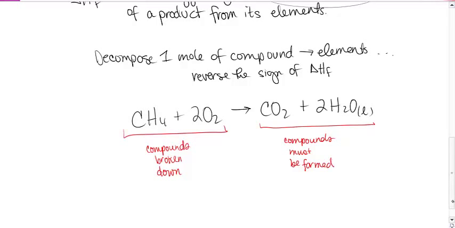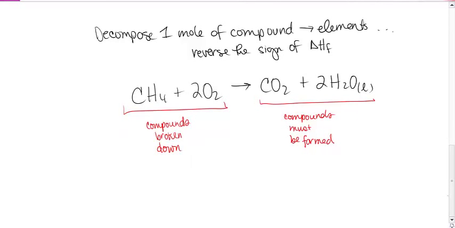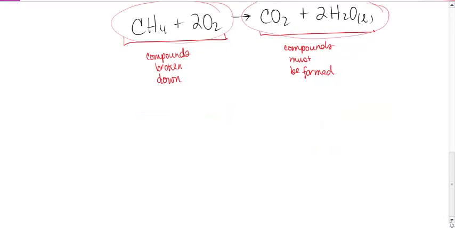So the idea of the method I'm going to show you today is, if we use the heats of formation to find out how much energy it takes to form these compounds from their elements, and if we reverse the sign of our delta H sub F, that would be how much energy it would take to break these bonds. If we put more energy in than we got out, it would be endothermic, and if we got more energy out than we put in, it would be exothermic.